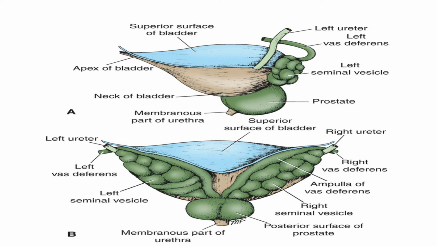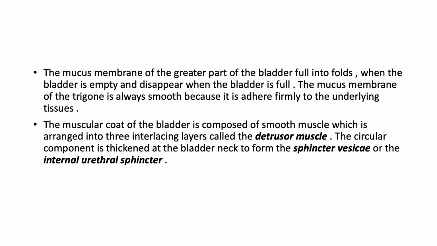The upper part of the base of the bladder is covered with peritoneum and will form the rectovesical pouch. The lower part is separated from the rectum by the seminal vesicles and the vas deferens. And we have the superior surface of the bladder, which is related to the coils of the intestine, and the inferolateral surface, as we see here in this picture.